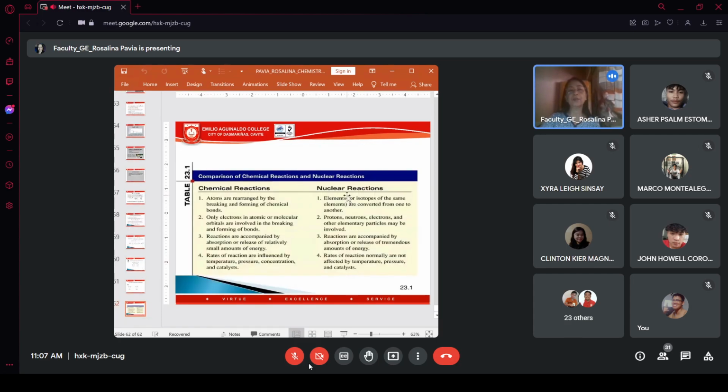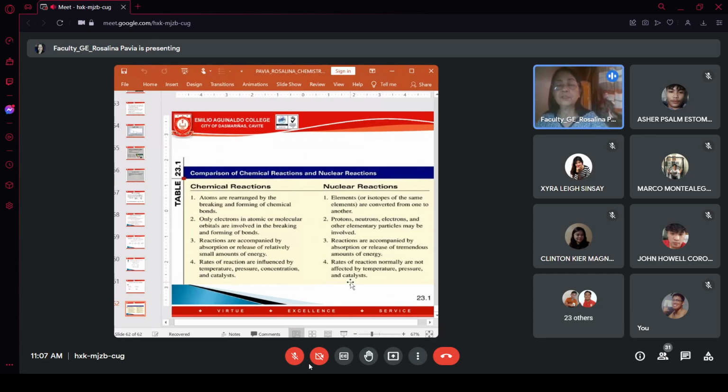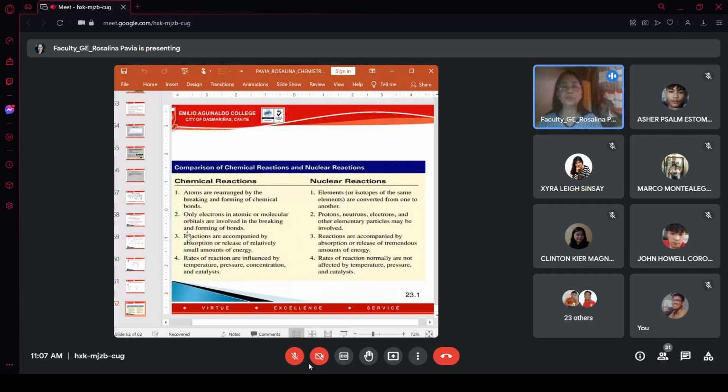Okay, so let us now compare chemical reactions from nuclear reactions. Dito sa chemical reactions, this is what we usually do in balancing, di ba? Nagbabalance tayo ng chemical reactions. So, in here, you should remember the difference between the two. Atoms are rearranged by the breaking and forming of chemical bonds.